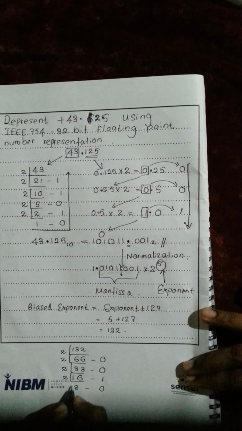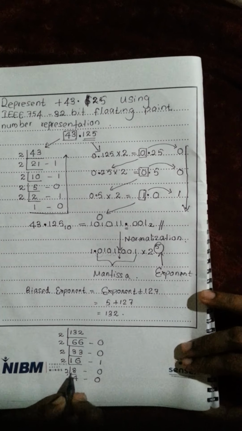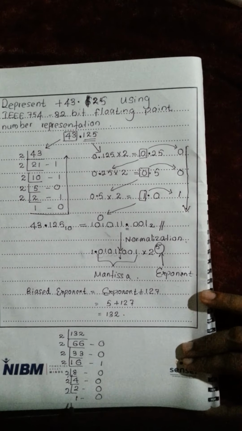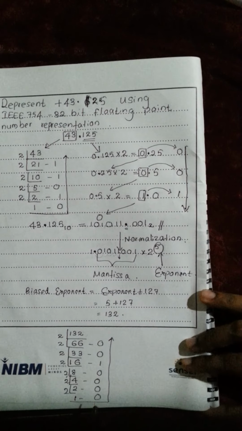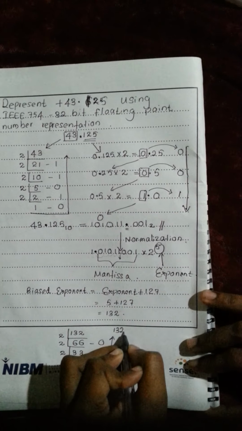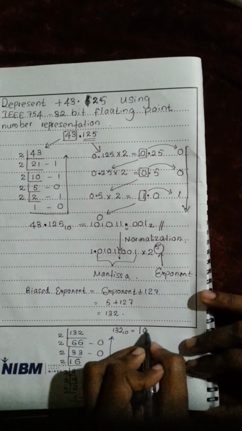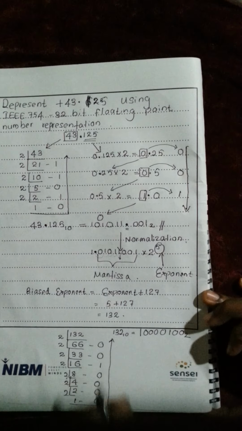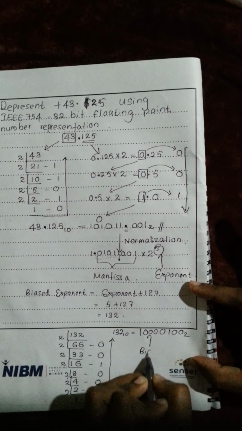Then 8 and 0, 4 and 0, 2 and 0, 1 and 0. So this is the binary version of 132: 1 0 0 0 0 1 0 0. This is the biased exponent now.